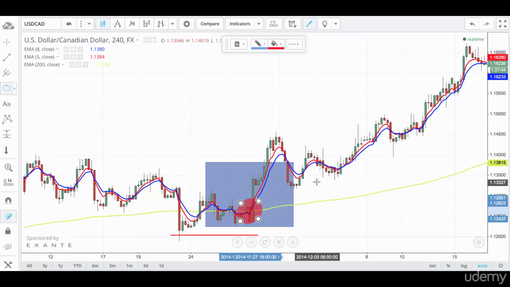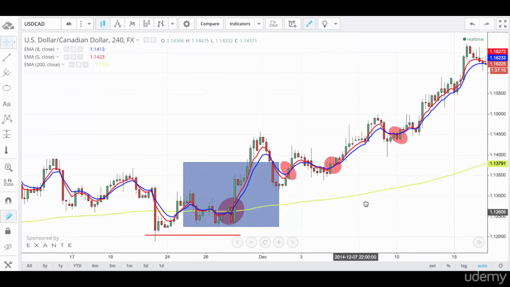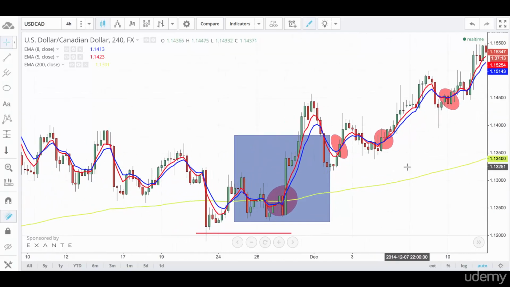But let's have a look at the next bullish crossover. As you can see, we have a bearish crossover, but this is not a signal to trade. I'm only going with the trend. So this is the first one, then we have another one right here, and another one right here.